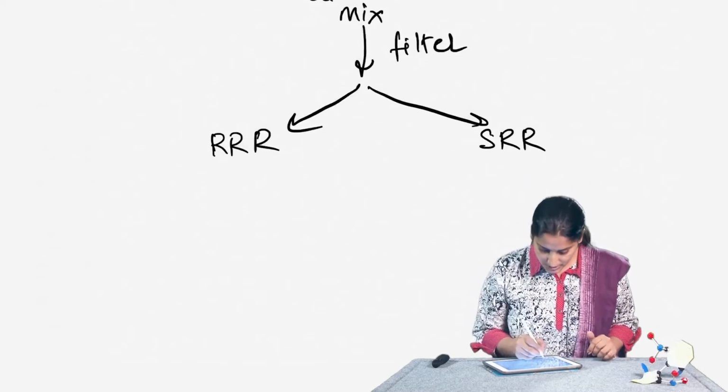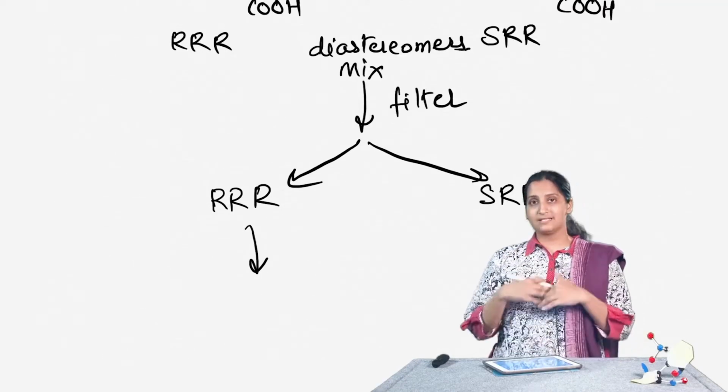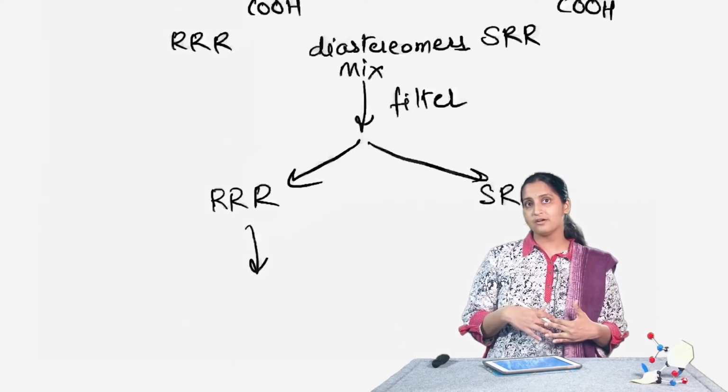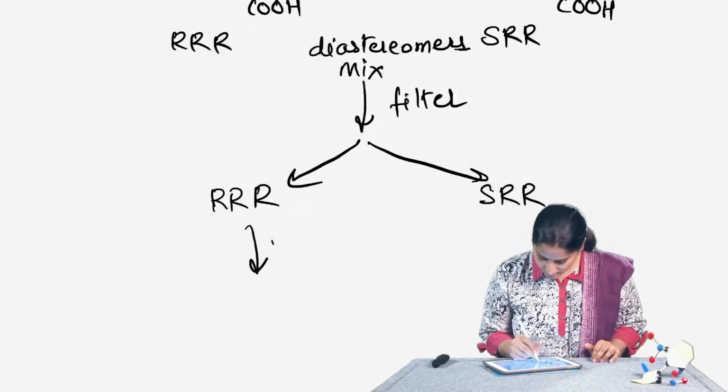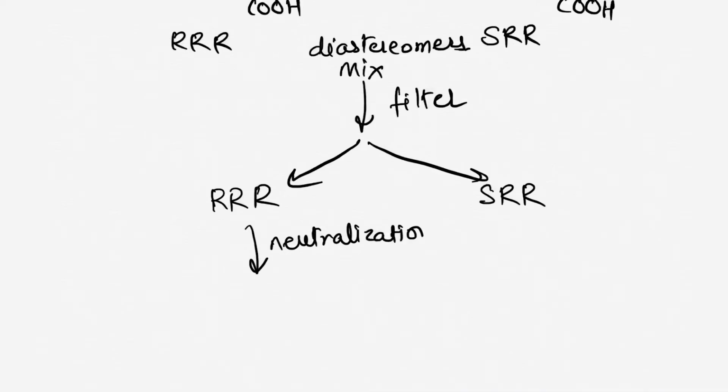So, what I am going to do is, I will then acidify it or do some kind of neutralization procedures, and we will separate them out to corresponding R and S forms. Okay. So, I am not going to go over the reactions, but you can imagine that once you have two separate flasks, you can do reactions on those to get back the R and S forms.